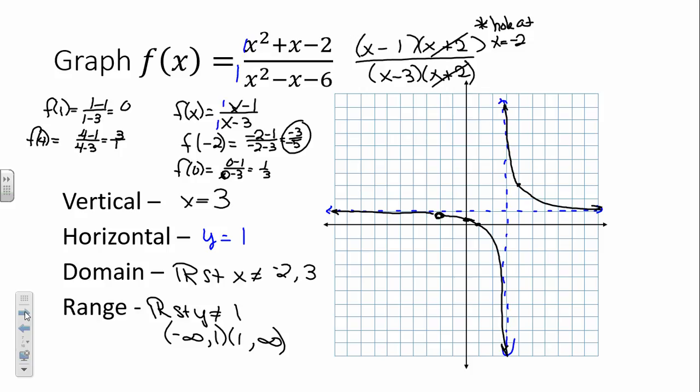So to be completely precise about this, we would also say that it can't be 3/5 as well. Now, am I going to be a meanie and take off 5 points if you don't do that? No. I'm more worried about you finding that hole and putting it there than making sure that you get that in the range. Okay. So also we would want to include our 3/5.